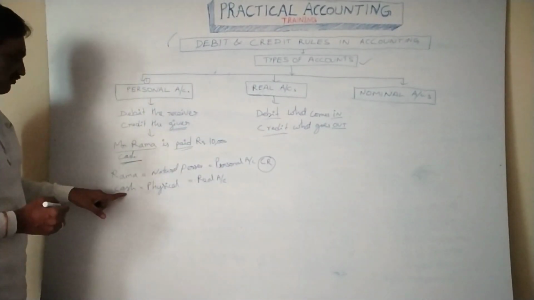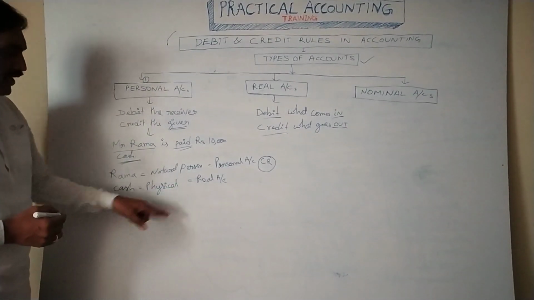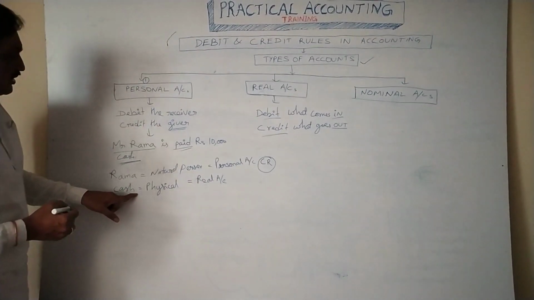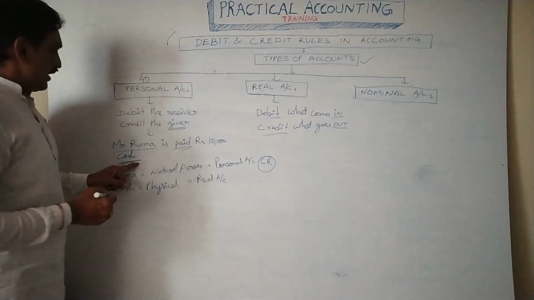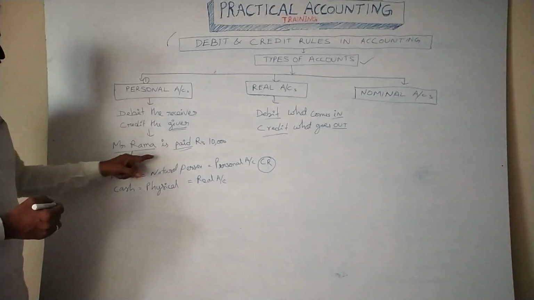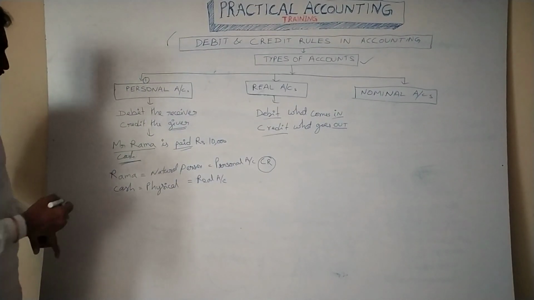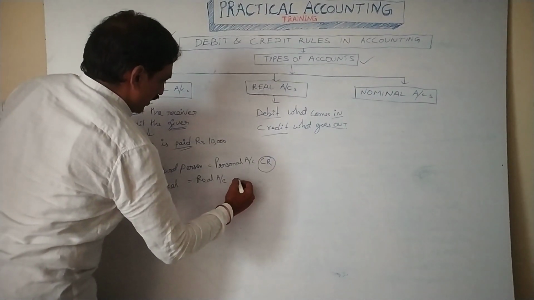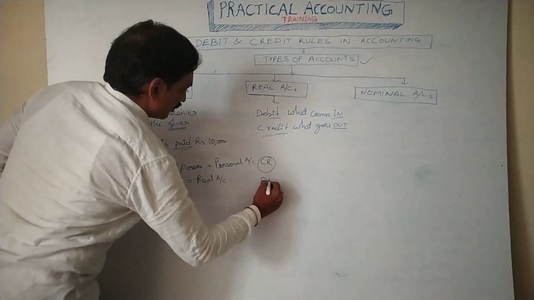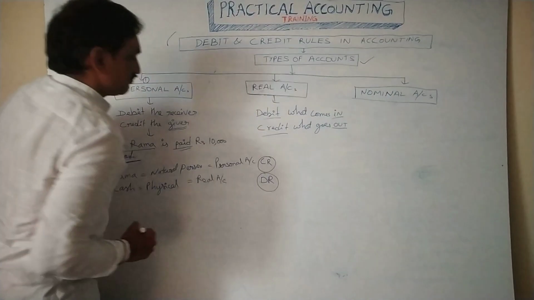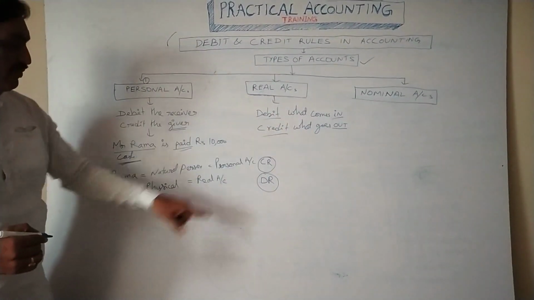So here, friends, cash is a physical thing, a real account, we decided already. Is cash coming into the business or going out of the business? Here Rama is giving and paying something, so cash is coming into the business. So this is debit. The debit rule is applicable: what comes in, debit.